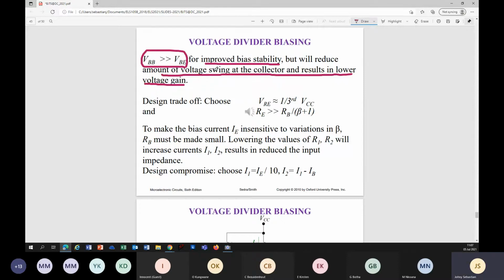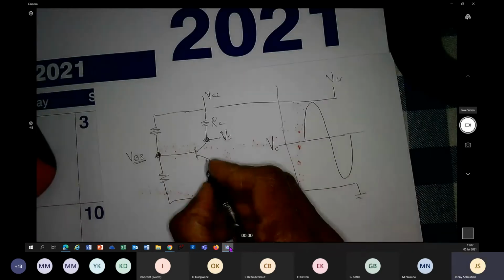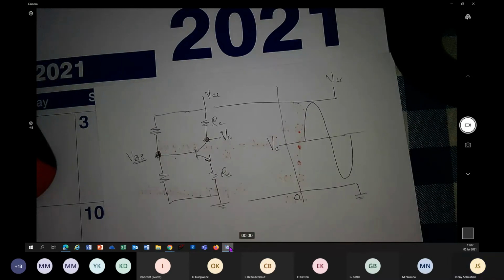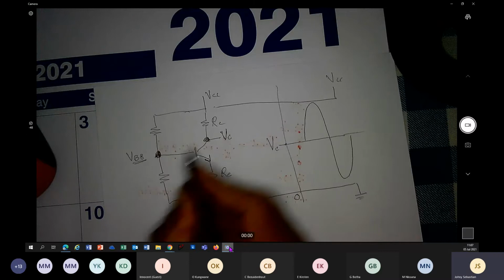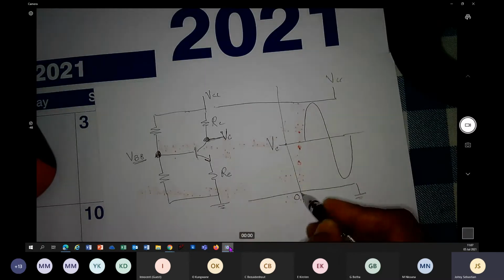Going back to the camera. This is the emitter. You have a VBB, so that the voltage at the collector must be around halfway from the ground.